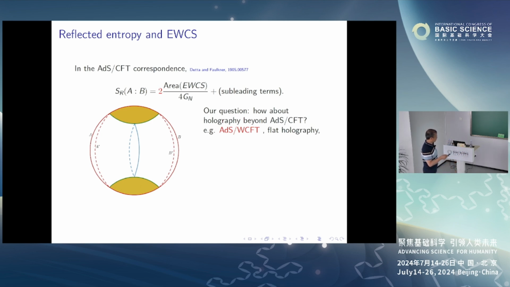So the entropy between A and B is 2 times the area of the entanglement wedge cross-section over 4G_N. And there are also some other subleading terms.